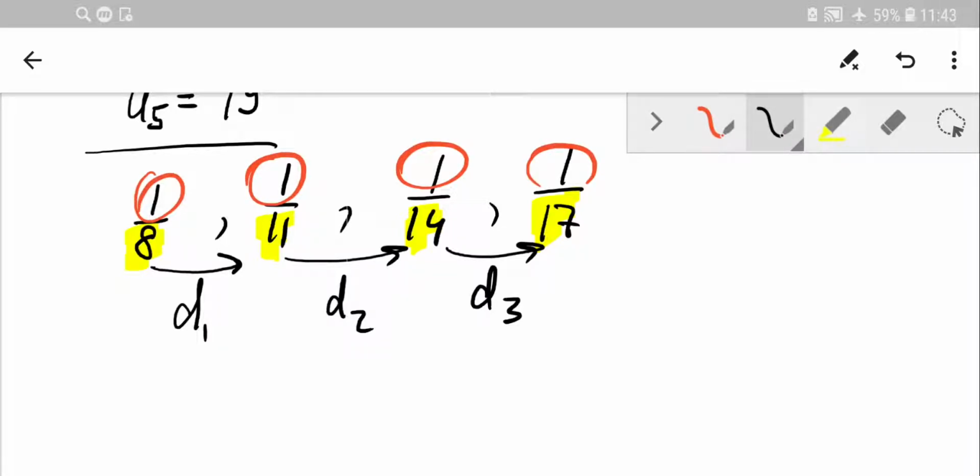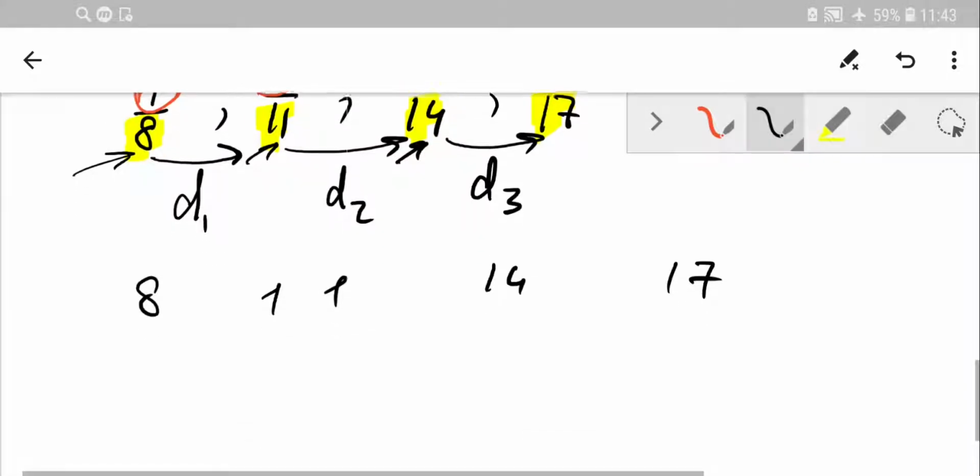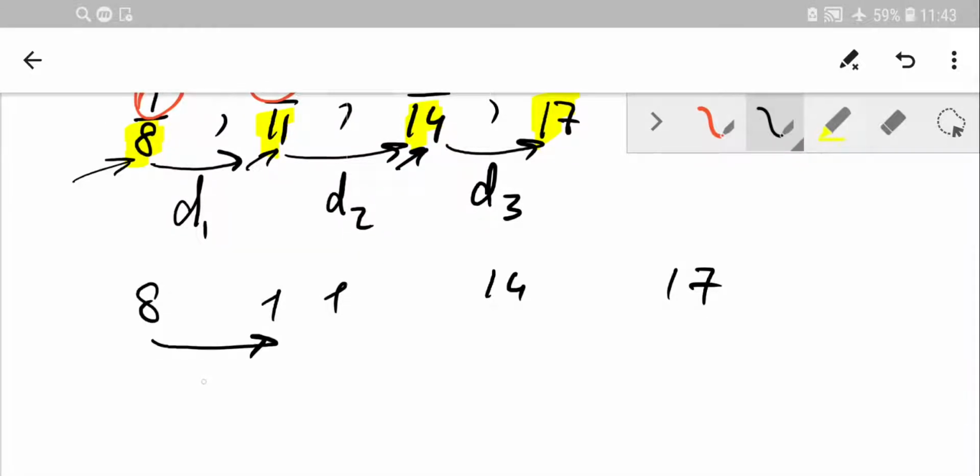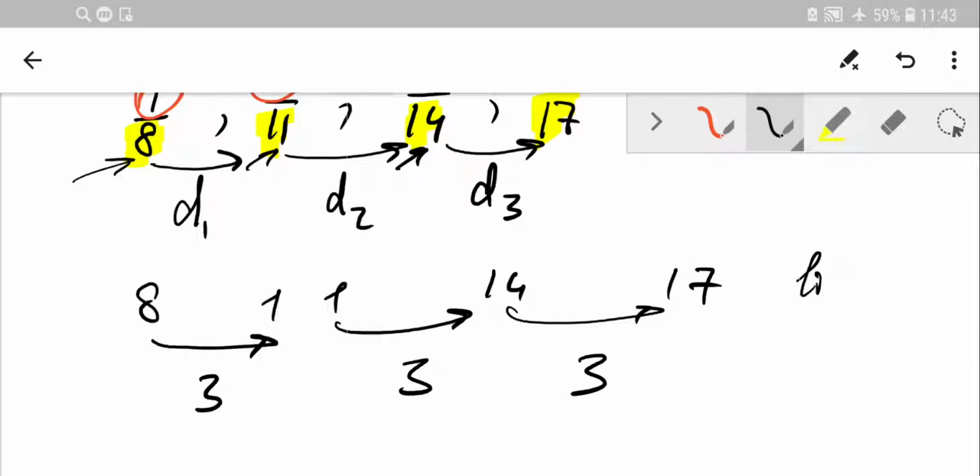So let's write down the denominators and try to find the difference between them. The difference is 3, the next difference is also 3, and the next is also 3. So it looks like the denominators behave like an arithmetic sequence.